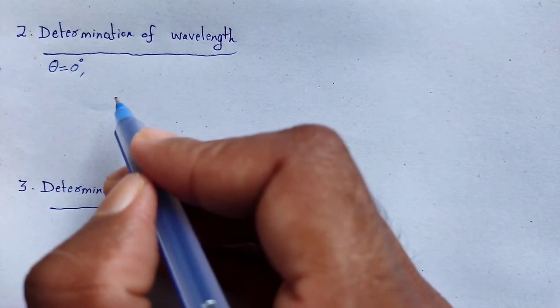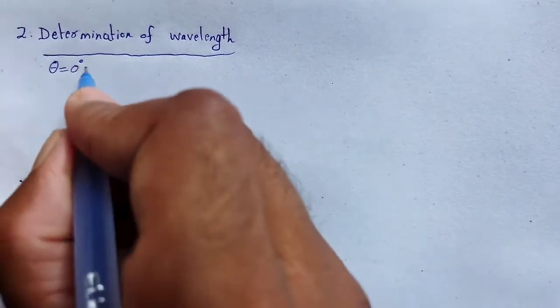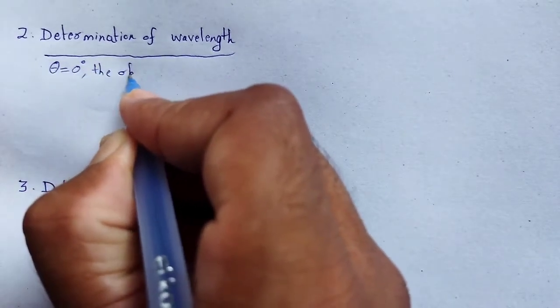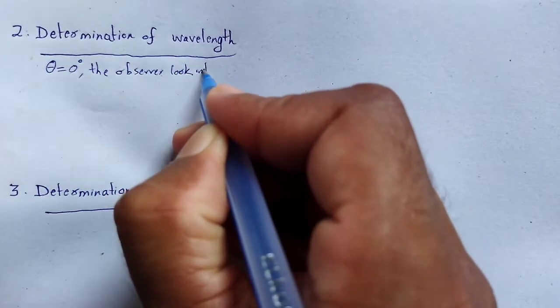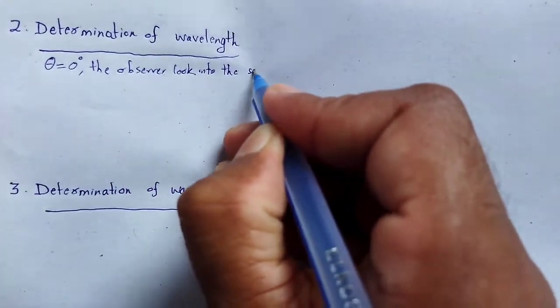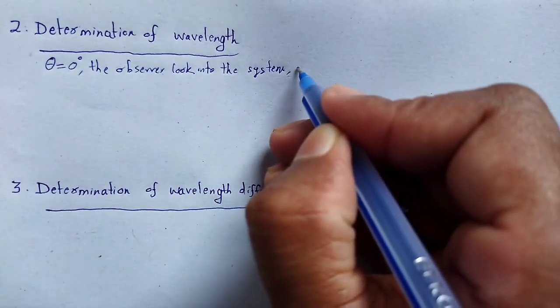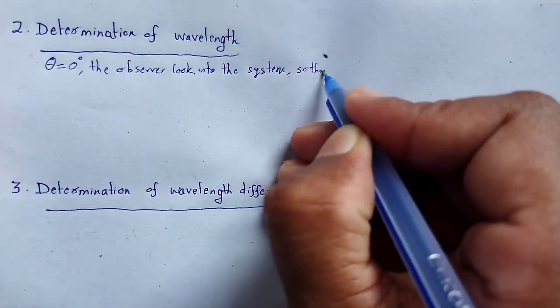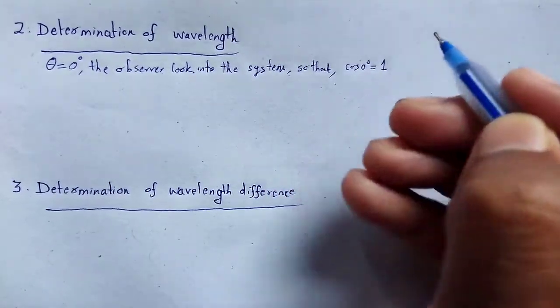Theta 0 degree means the observer looks into the system at 0, so that cos 0 degree is equal to 1.